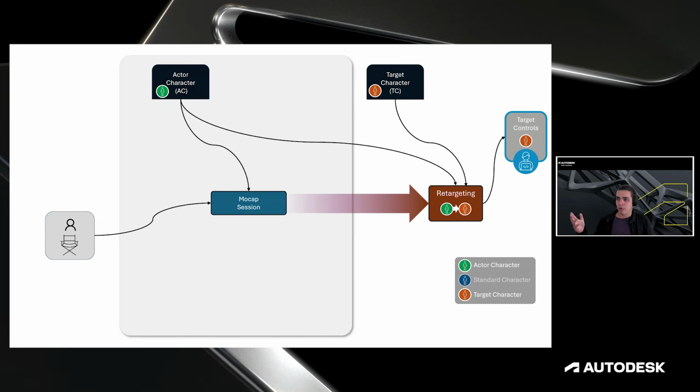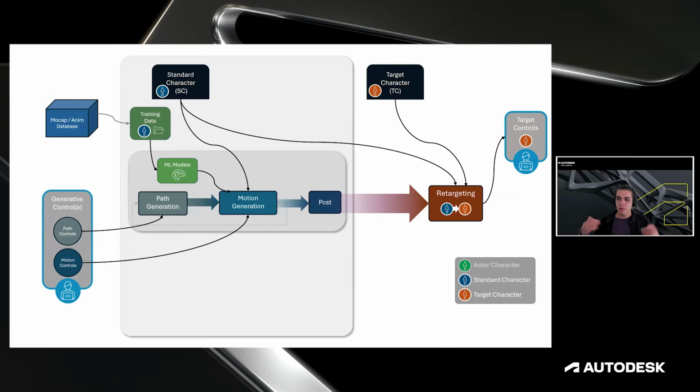So for example, if you were animating Buzz Lightyear, you would be retargeting the motion from the actor to your Buzz Lightyear character. Now, if you would be using MotionMaker, what you would be doing is taking all of the animation that was motion captured, training an ML model on it, and using a system to generate motion.